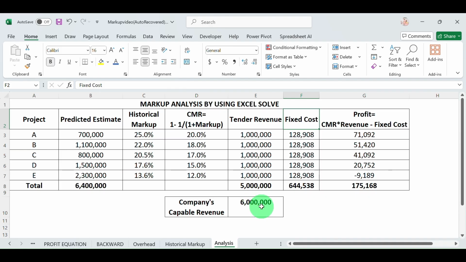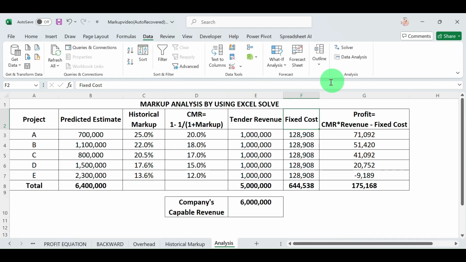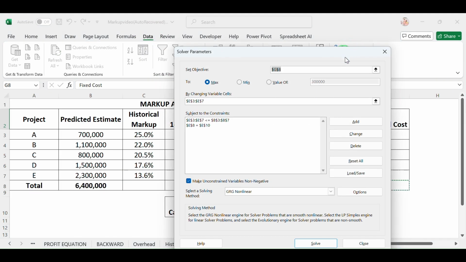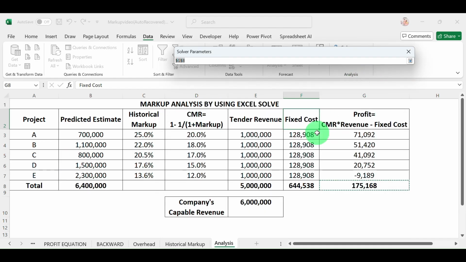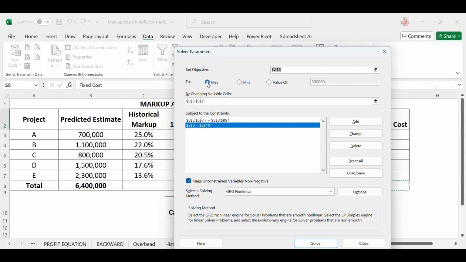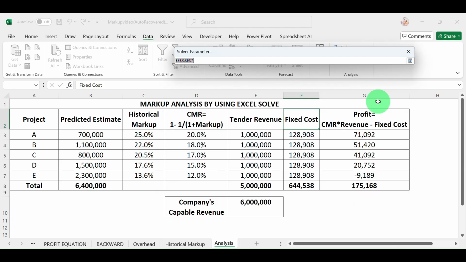So to use these constraints, we will use our Solver. We will click Data and click Solver. And what we do here is we want to set G7 profit to maximum by changing our variable cells.